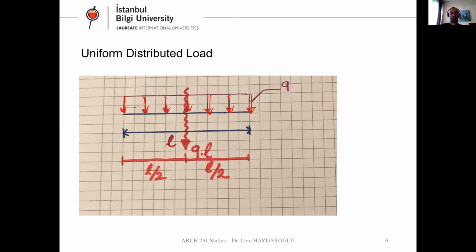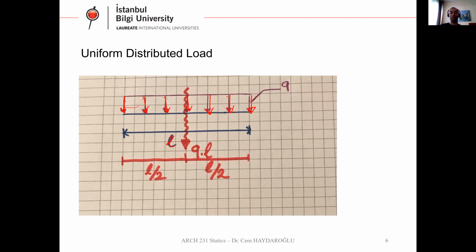I have a distributed load all along this length L. I have to convert it to a concentrated load. So I have to calculate the magnitude of this concentrated load. How can we do that?